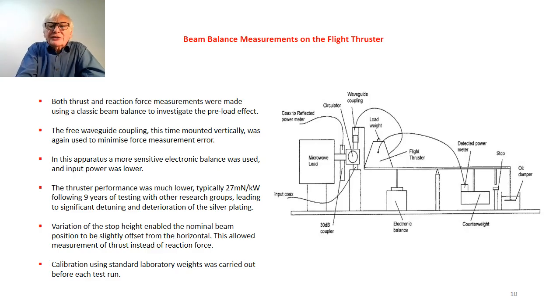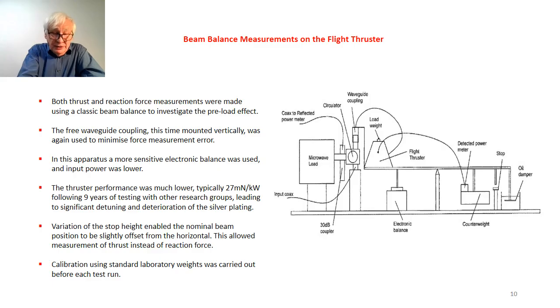Essentially you offset virtually all the weight of the thruster by using a counterweight on the other side of a beam balanced on a knife edge. Classic setup. In this case, you can see we also use an oil damper to stabilize the movement of the beam, and we use the waveguide coupling, this time mounted vertically, to allow the thruster to move independently of the fixed microwave source.